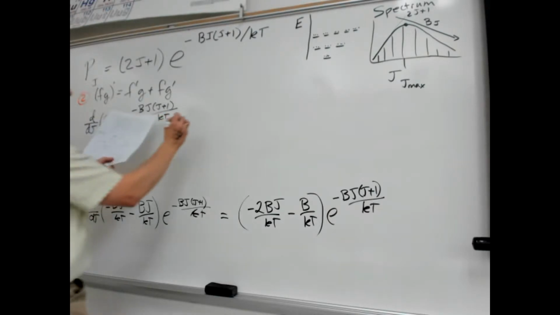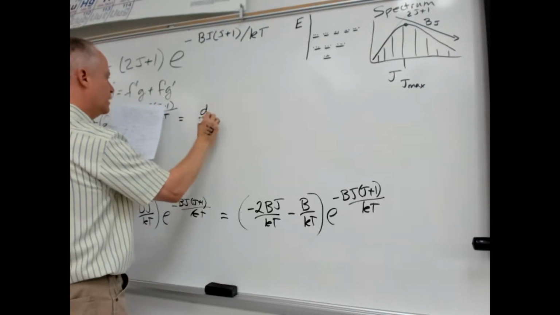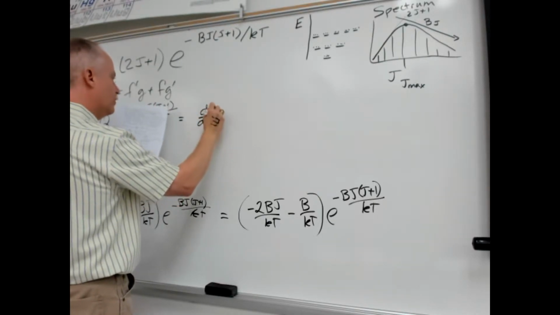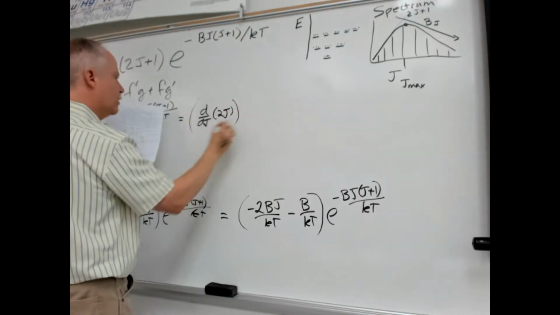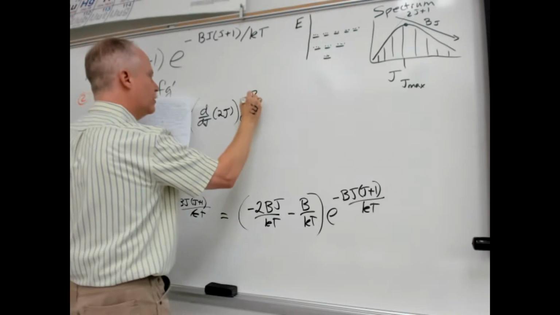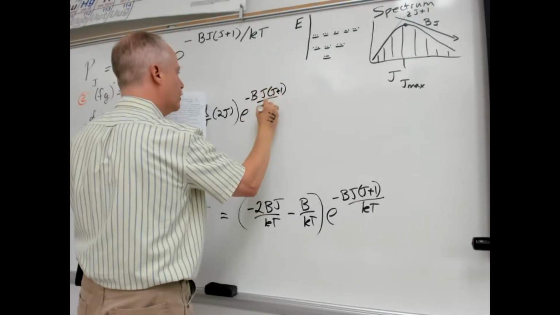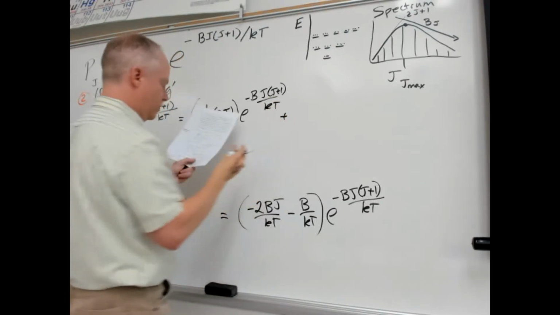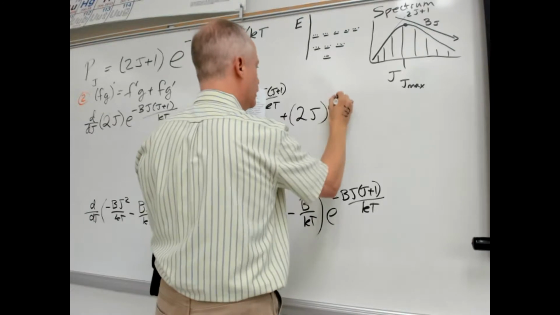And so this will be the derivative with respect to j of 2j, plus 2j times the derivative of the exponential.